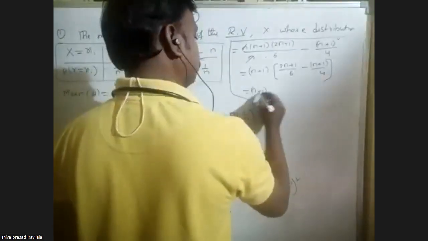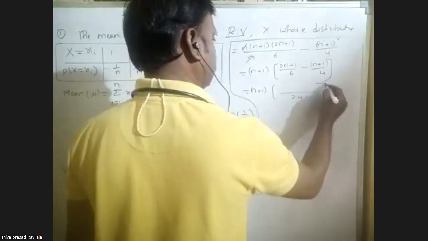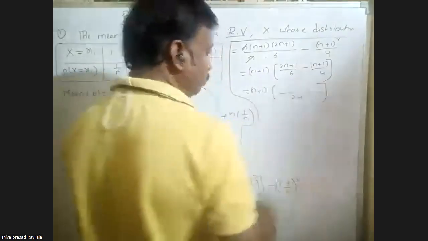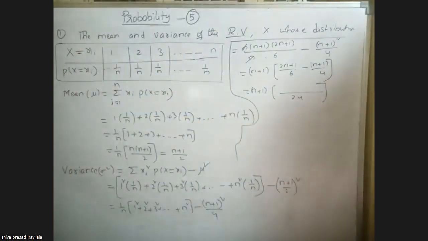LCM 24. Do the calculation. LCM 24: 6 4s are 24, 4 2s are 8N plus 4, and 4 6s are 24, 6 2s are 12N plus 6 minus 6N plus 6.